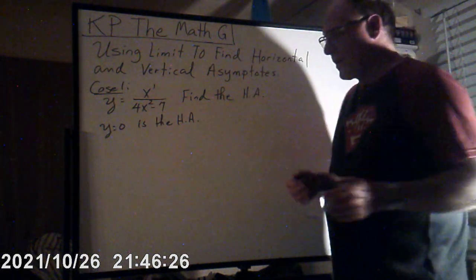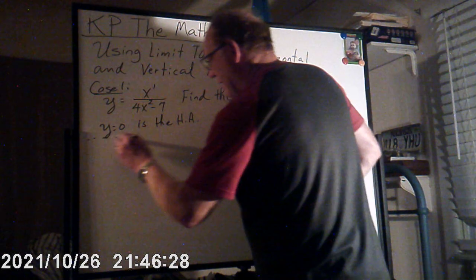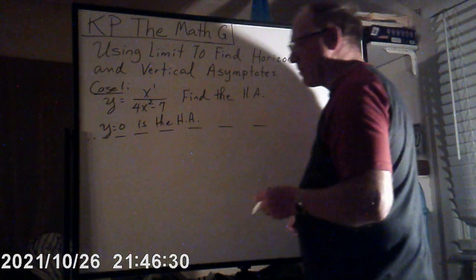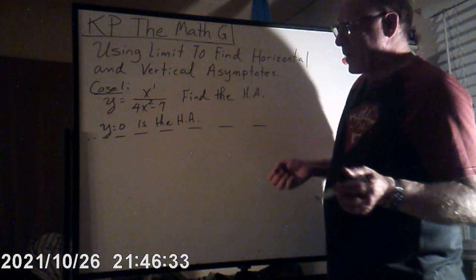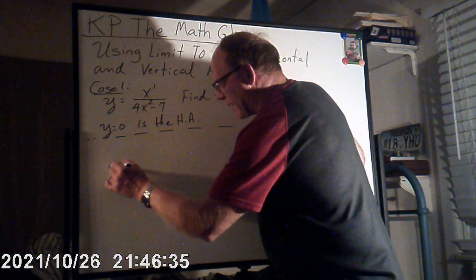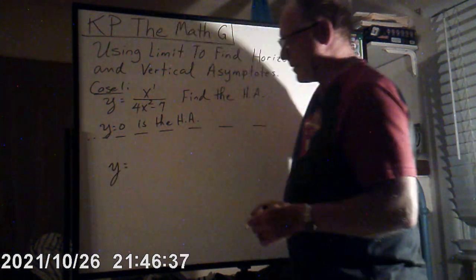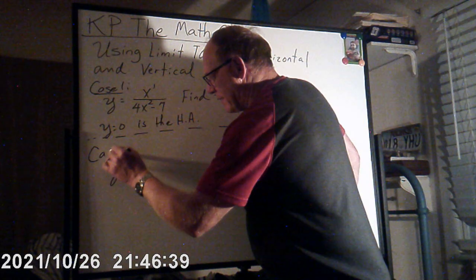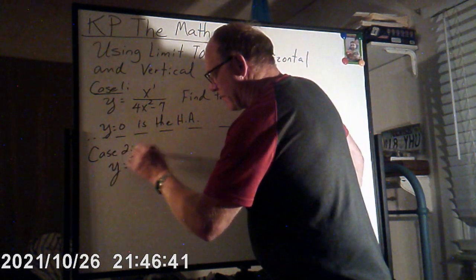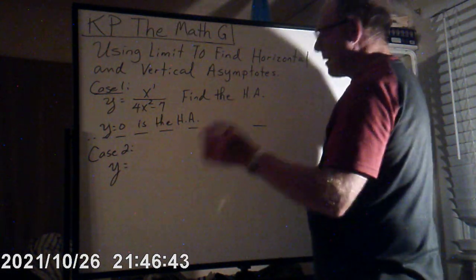At least we got that far with it, and we could do more with that. So let's do another one. Let's pick y is equal to, this is case 2.